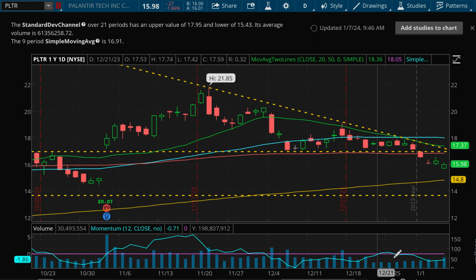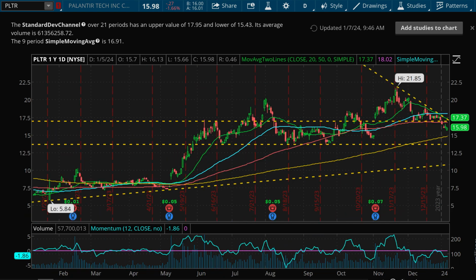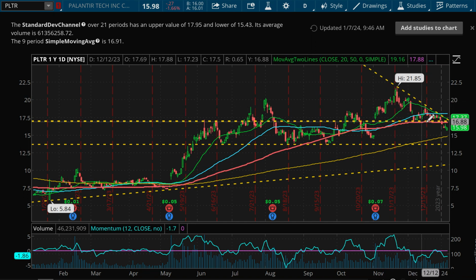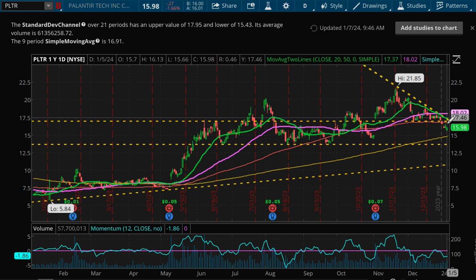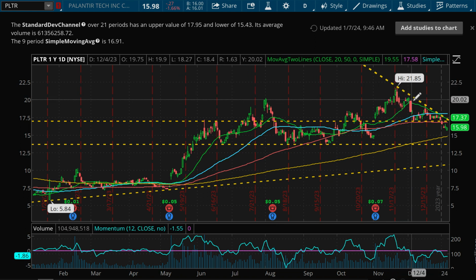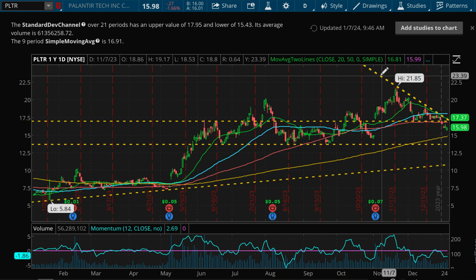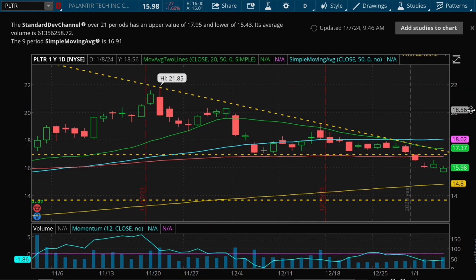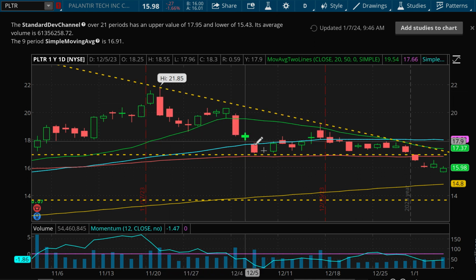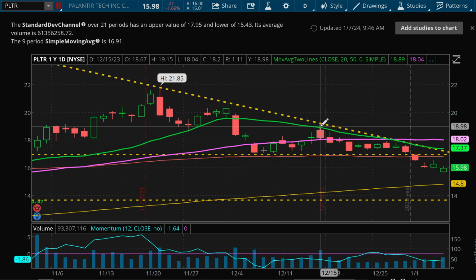For those that want to jump ahead, there's such a thing as a wedge, right? So this is not good. Whenever you have this kind of move, it can be a big breakout or big breakdown. So watch it carefully. But no doubt there is a resistance. Okay, let's zoom out again and zoom in again so you can see it got there, 52-week high, sell off, and then sell off, breakdown.